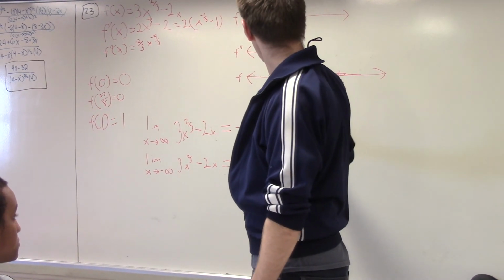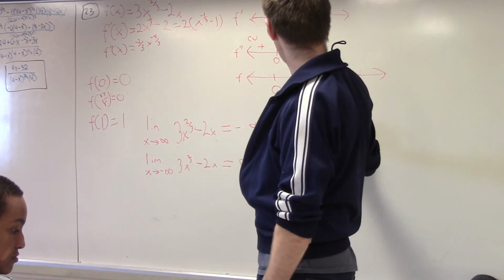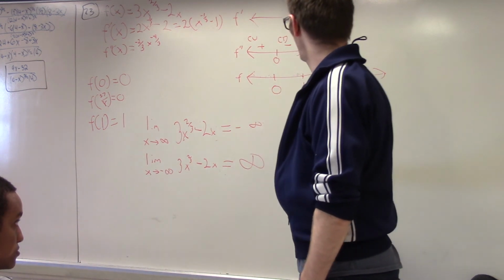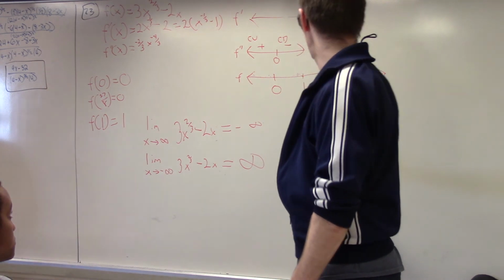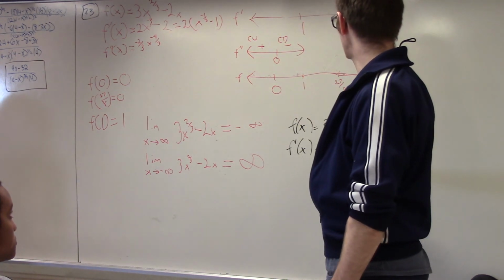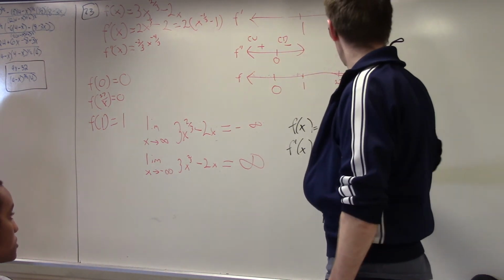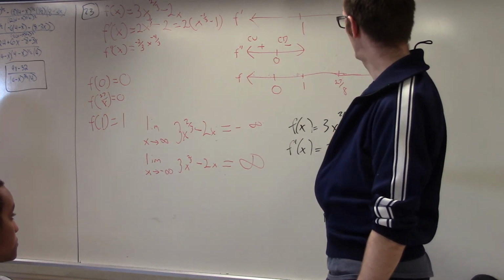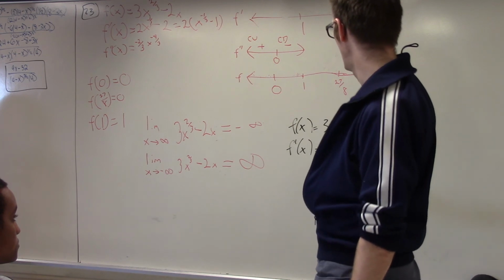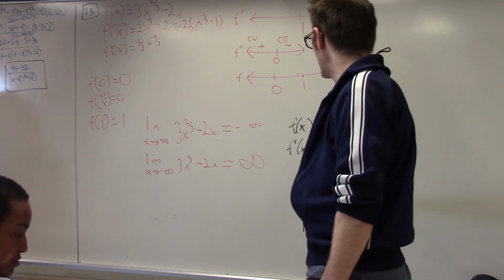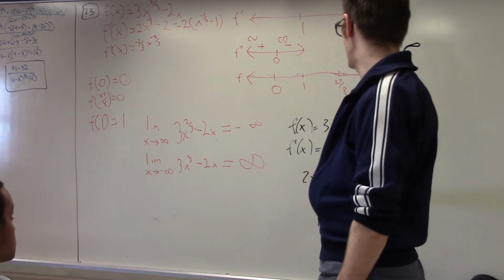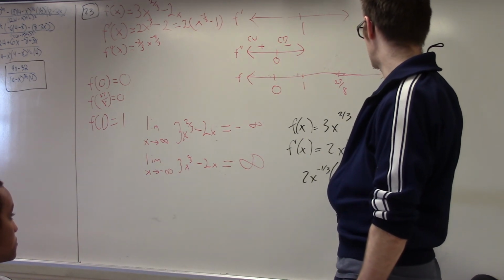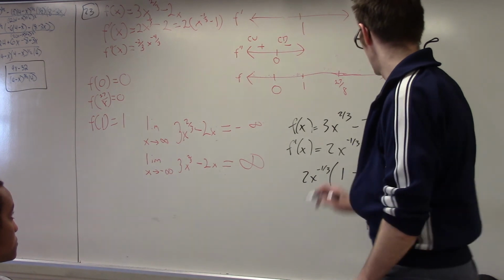Okay. So this is 3x to the 2/3 minus 2x. So you first differentiated, and you got 2x to the negative 1/3 minus 2, and then you factor out a 2x to the negative 1/3, and you're left with 1 minus x to the 1/3.